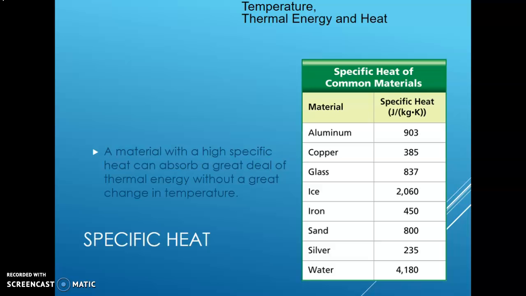After that, you can see it really drops off. We have aluminum, sand, and so on down the line. So you can see it's really not close. Water has a very, very high specific heat value, which has implications for our weather and also for our climate, which we've been talking about on and off throughout the school year.